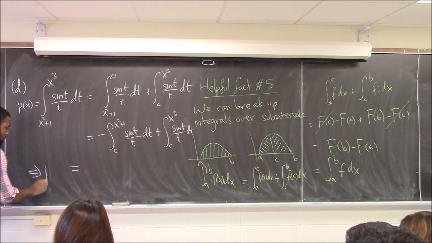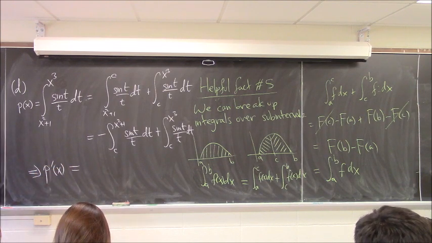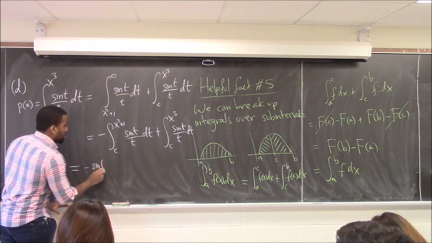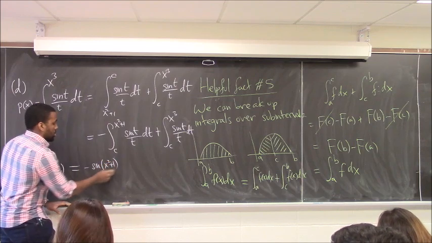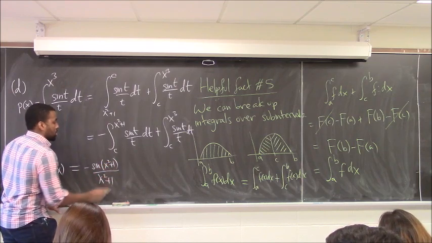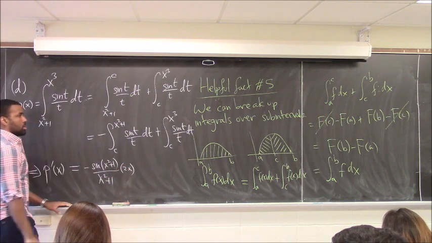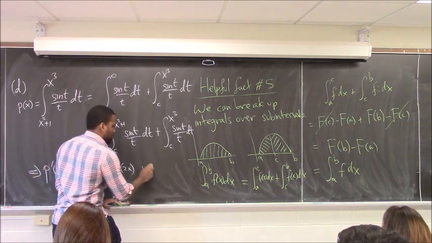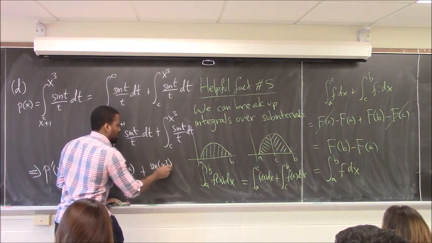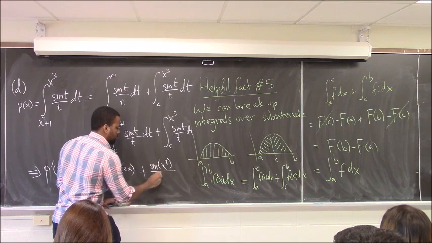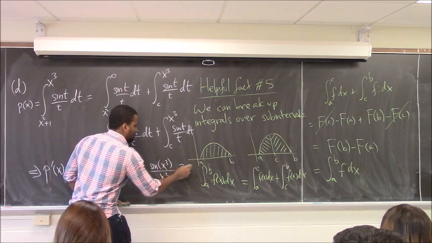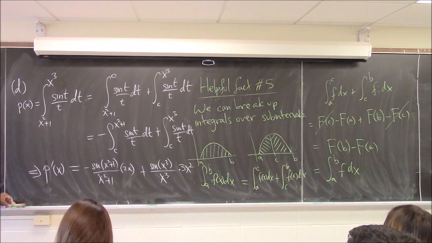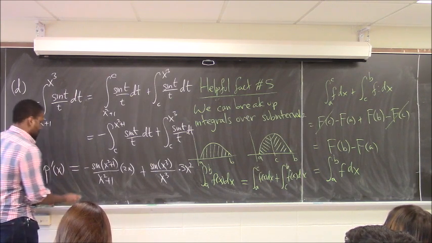This means that our p prime is going to look like, I'm going to plug this in and multiply by its derivative. Plus, I'm going to plug this in and multiply by its derivative. And so that would be the answer.